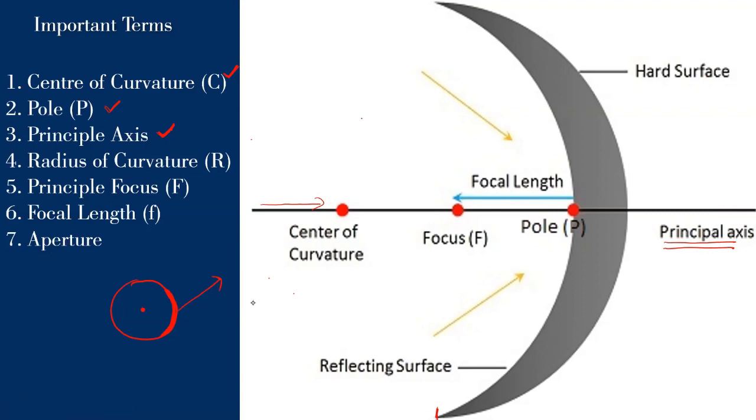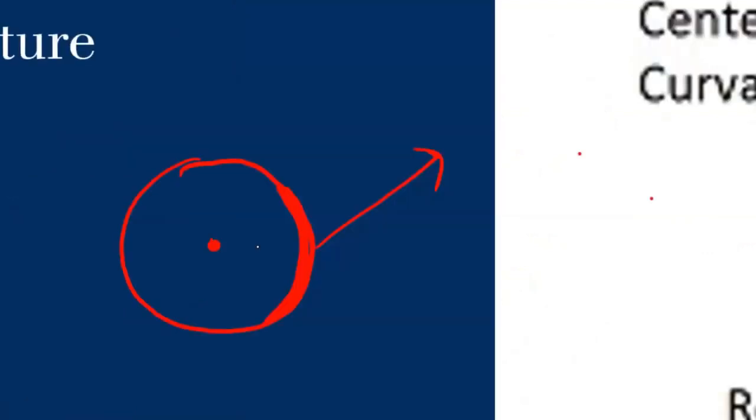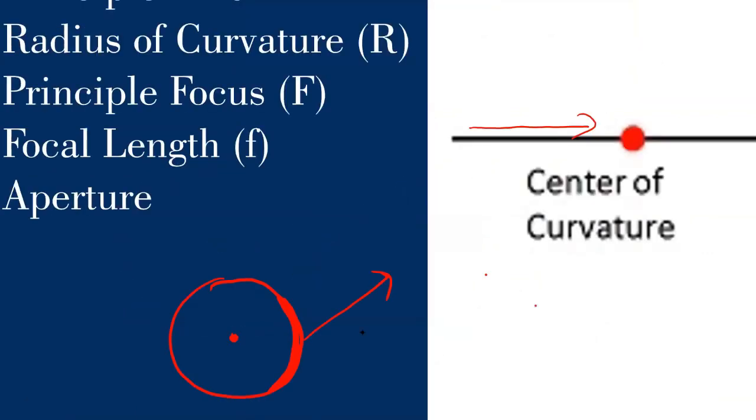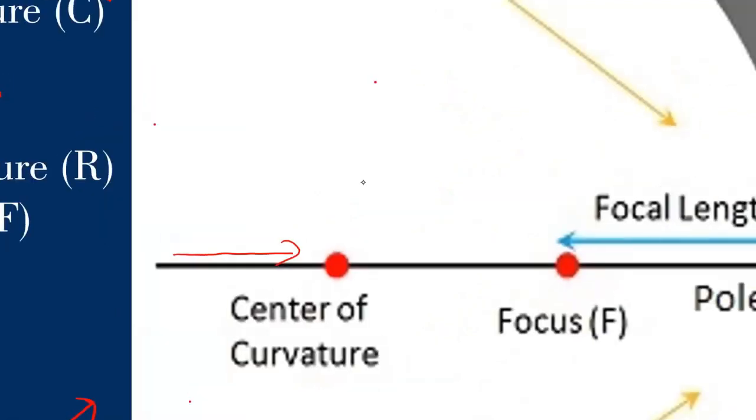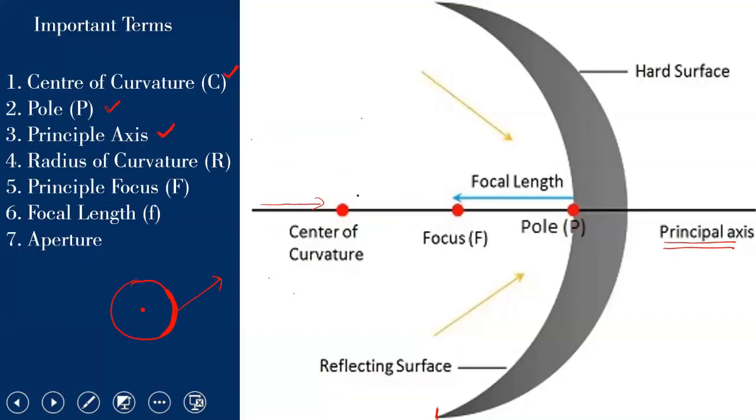So the distance between the center and any point on the surface is called your radius of curvature. So the distance between C and pole is your radius of curvature, denoted by R.